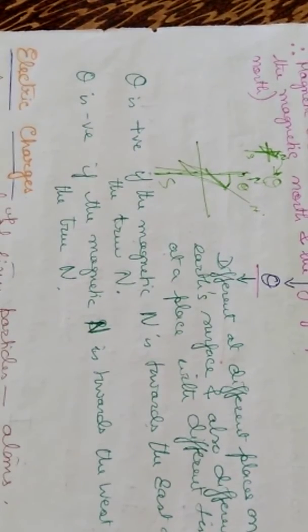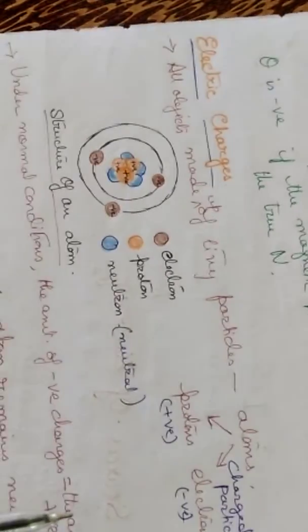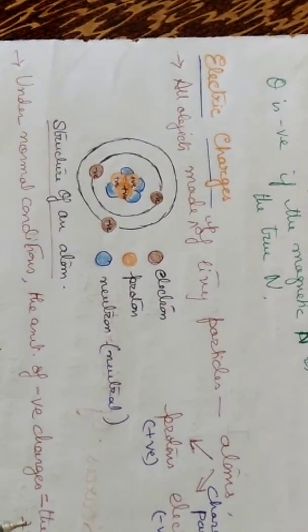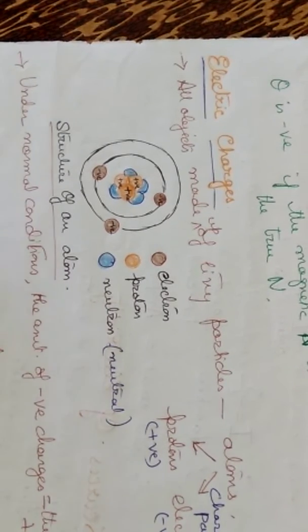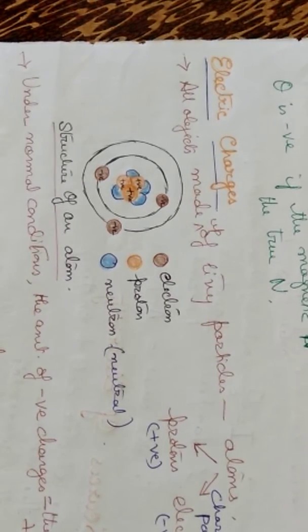Now we come to electric charges. All objects are made up of tiny particles called atoms. Atoms have charged particles: protons, neutrons and electrons, but neutrons are neutral in charge. Protons have a positive charge, electrons have a negative charge.